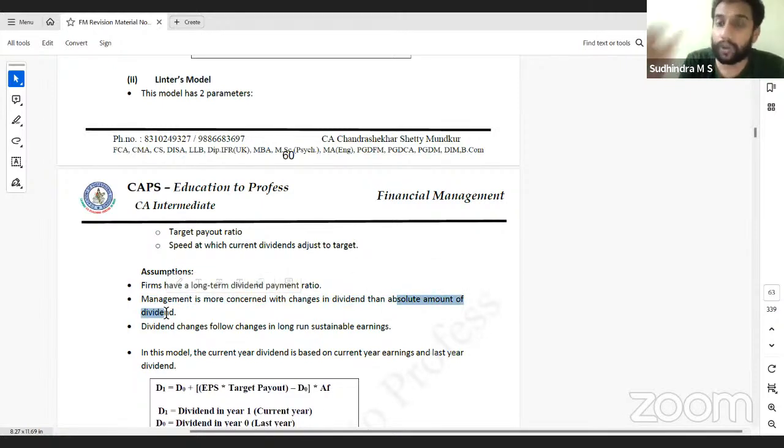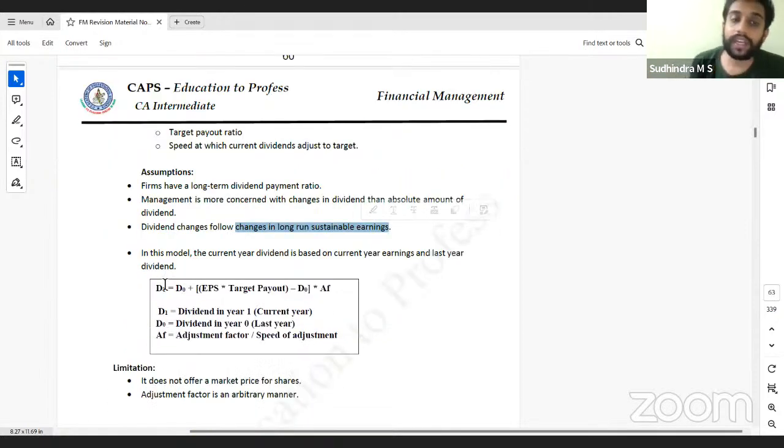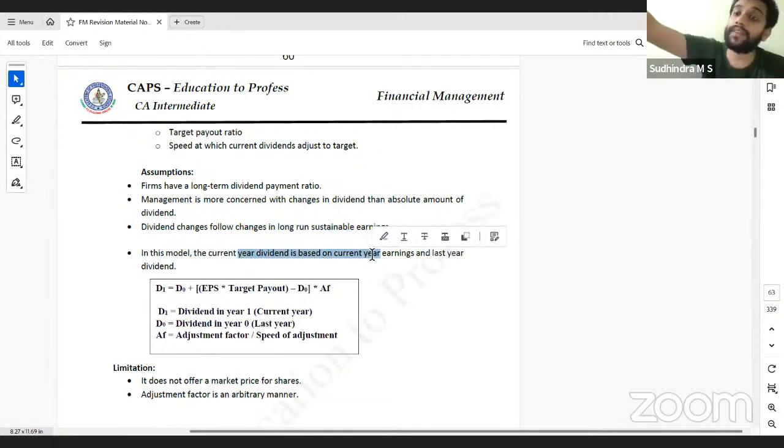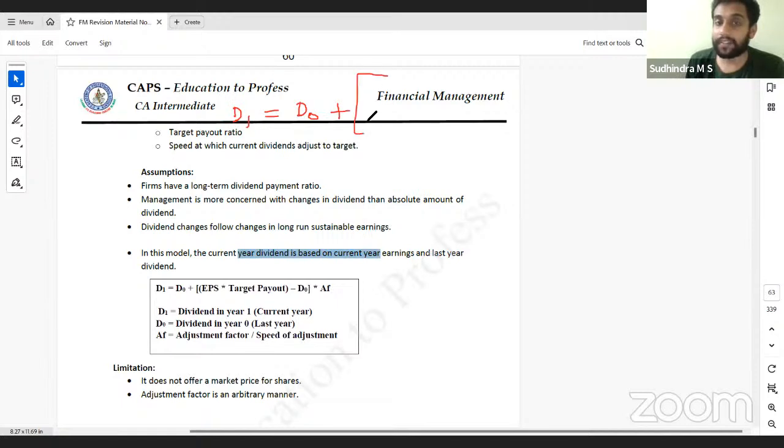Change in the dividend payout ratio that they are focused on. Dividend changes follow changes in long run sustainable earnings. So here, dividend of the current year is based on last year dividend plus some increase. Now, current year dividend will be last year dividend plus current year earnings per share into target ratio.